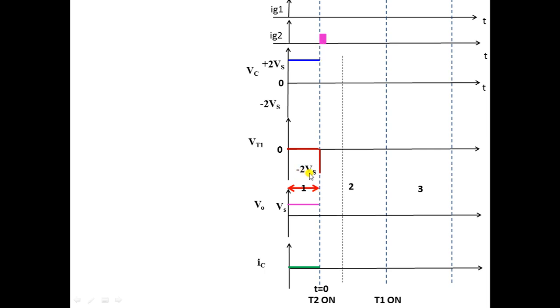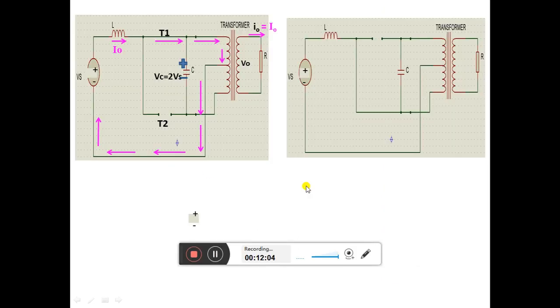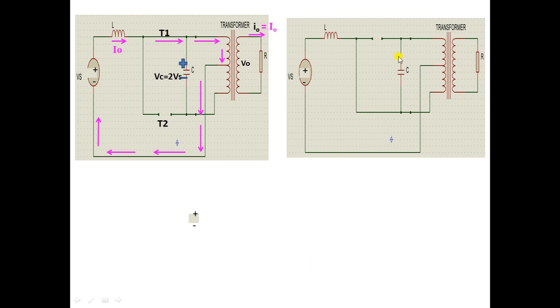So -2Vs appears across T1, which makes it reverse bias and turns it off. Okay. Now let's see in the circuit what happens next. So this is our mode 2 circuit, okay, in which T1 is off, T2 is on. So now this is T1, this is T2, and capacitor has got charged fully to this plate positive, this plate negative, and now the current will start flowing this way.